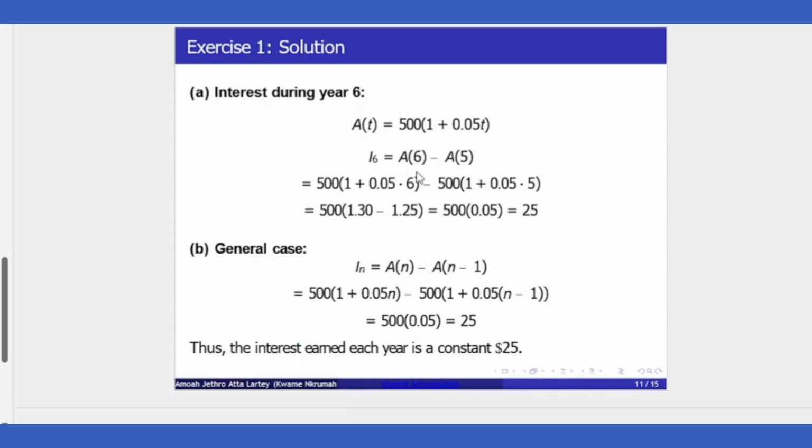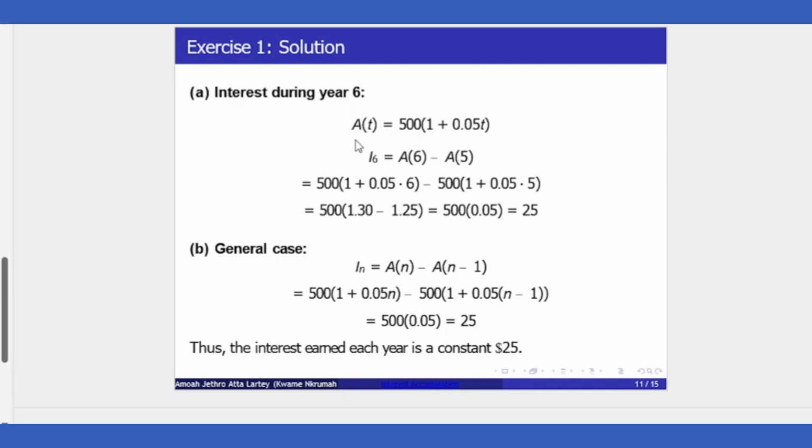To find the amount of interest during year 6, you have to find the amount at year 6 and then at year 5. Remember that the amount function at time t is equal to the initial investment times the accumulation function at time t, which is what we just did here.